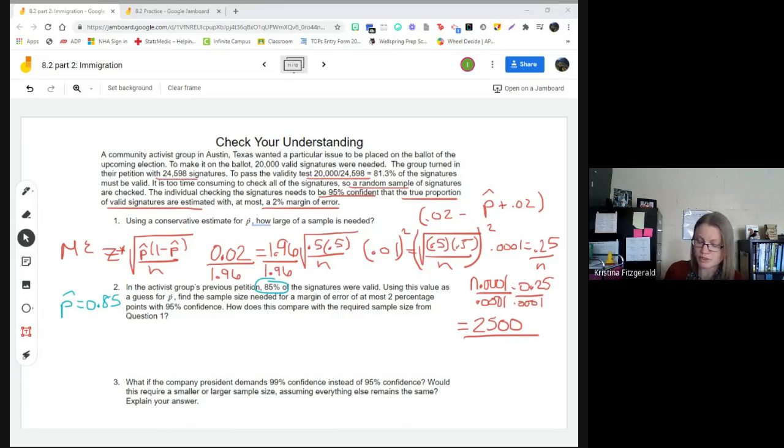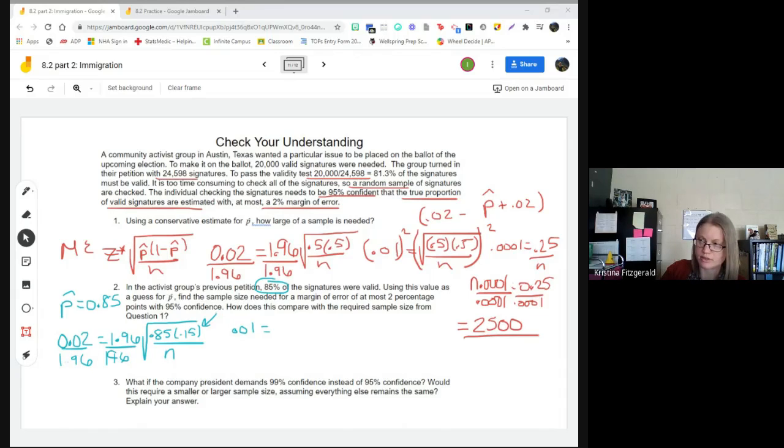So for this one, sometimes you do have a previous sample that you're working with, or you've done this once before. So in this case, we would basically do the same algebra again, just we have two different numbers here now. Instead of 0.55, we have 0.85 times 0.15. So if I do all the same algebra, it's basically going to boil down to very similar things here, but 0.01 if I divide by 1.96 each time. And you can round as long as you round appropriately.